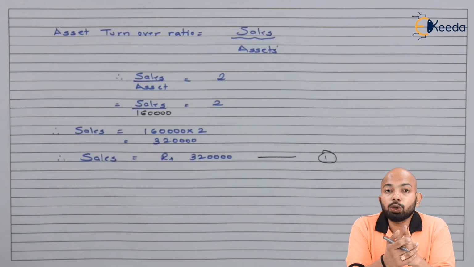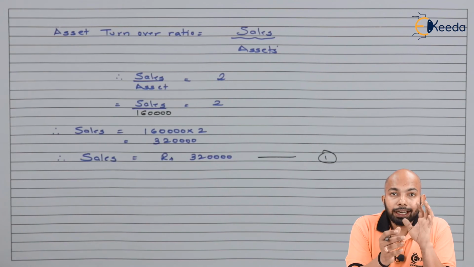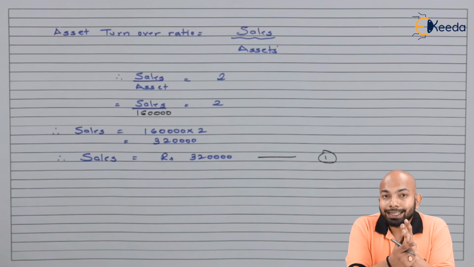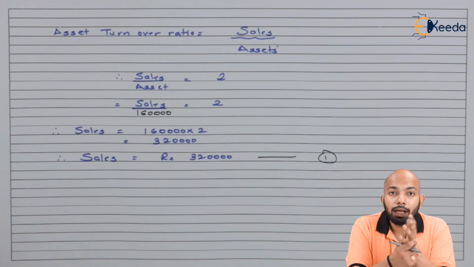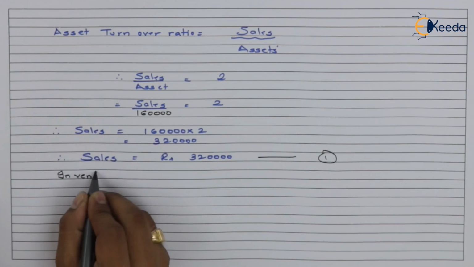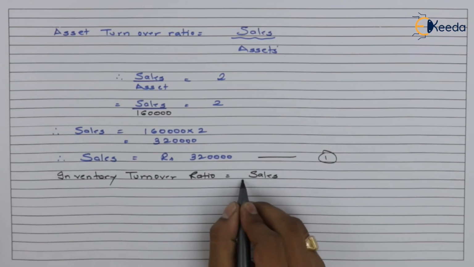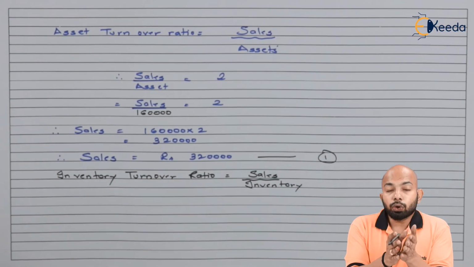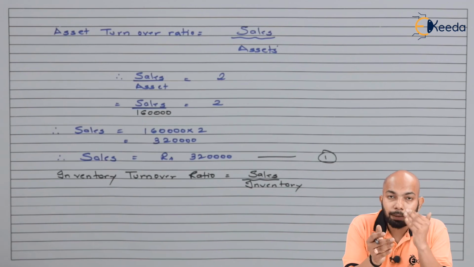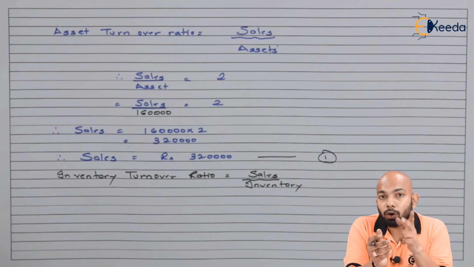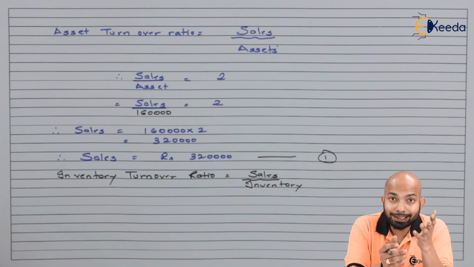Now this will be used for the inventory turnover ratio. The inventory turnover ratio formula looks similar. So let's find out the formula for inventory turnover ratio. Inventory turnover ratio is basically sales upon inventory. Now one of these we already have, that is the sales amount.